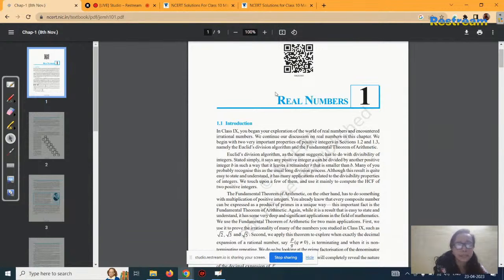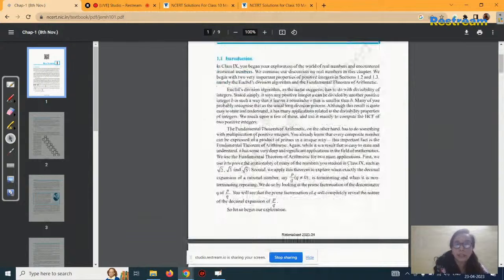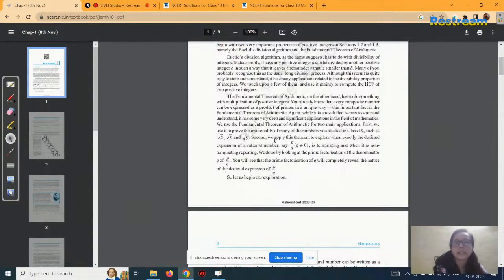How we can say that a number is an irrational number, then the 2 types of decimal expansions, and all we have learned from the 9th standard, right? So here we are just studying the continuation, that's all. We are studying a little bit more about the irrational and rational numbers in this year, 10th standard.